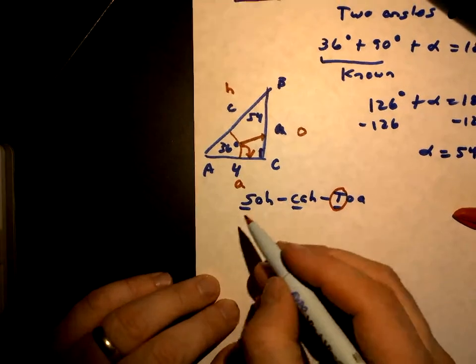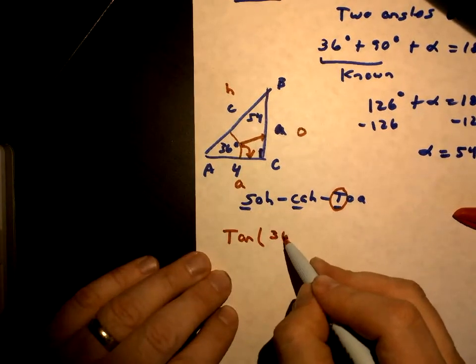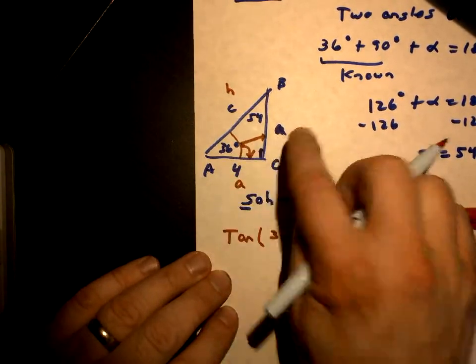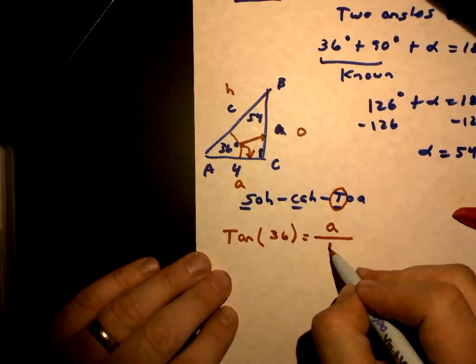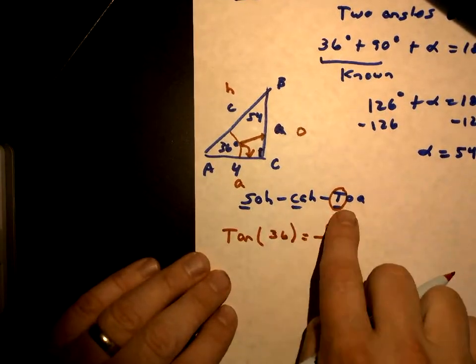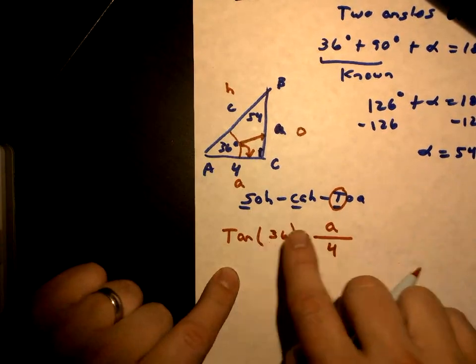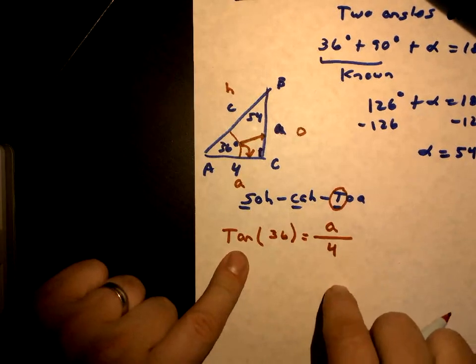Here we go. So we're going to go tan of 36 degrees is equal to opposite, which we don't know, over something that we do know. Do you see that you have three things here, but you have two things known?